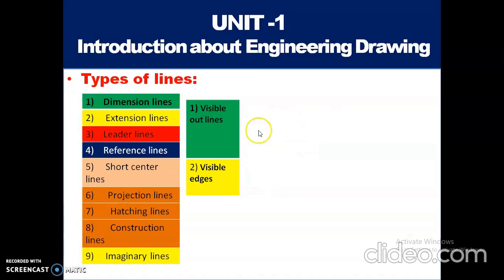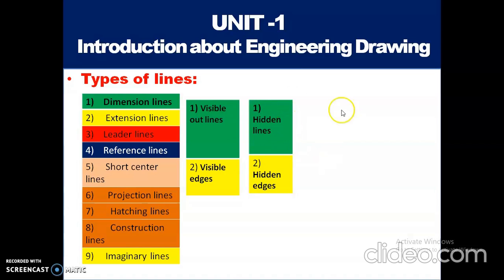What are the practical applications of dashed lines? Dashed lines are used to draw hidden edges and hidden lines. Similarly, what are the practical applications of the long dashed dotted thin line?